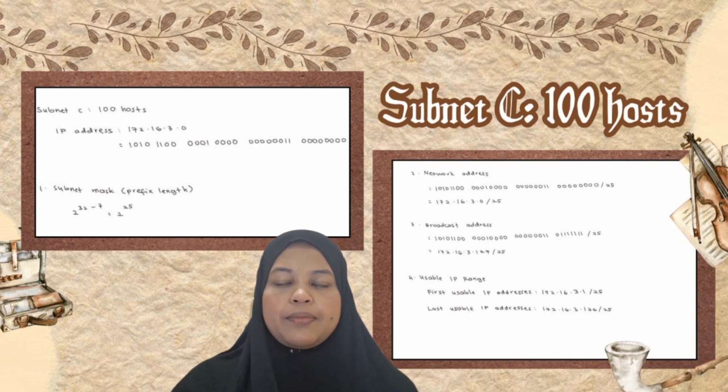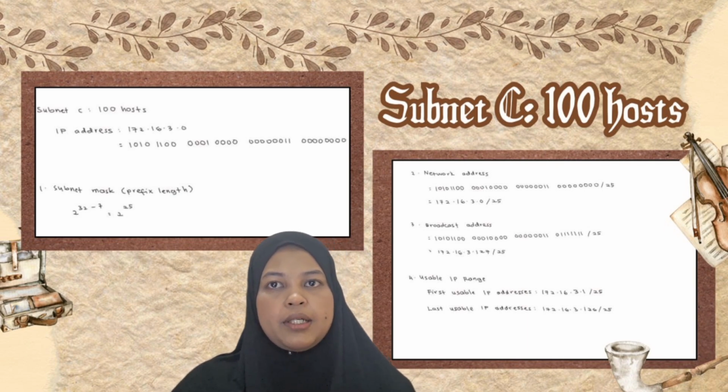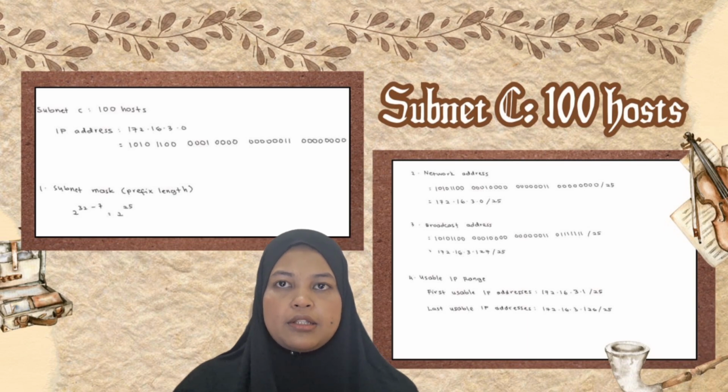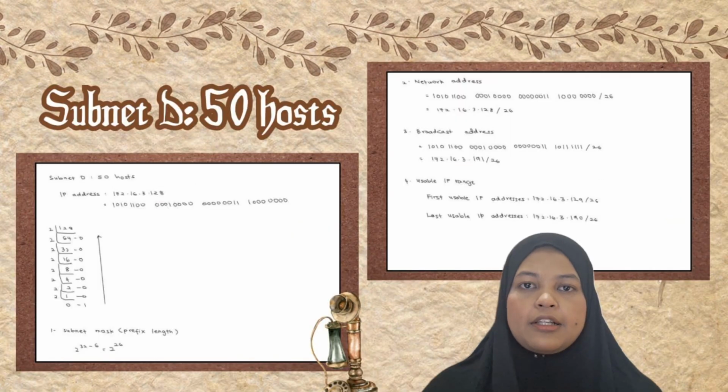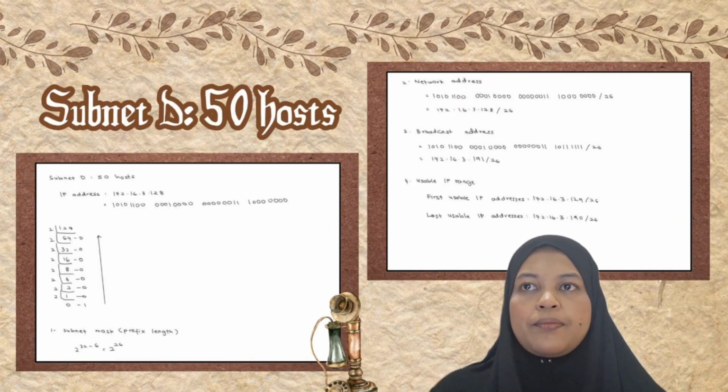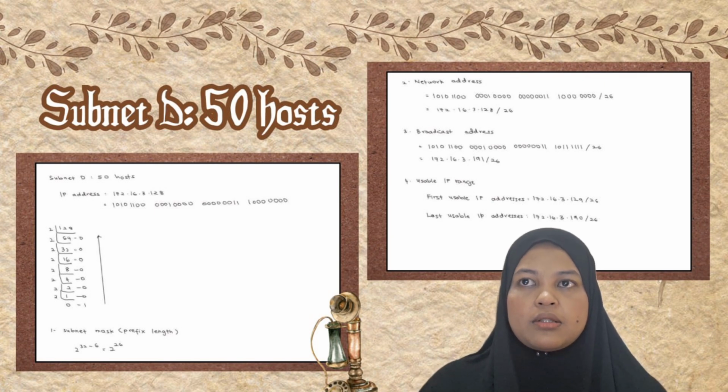For the usable IP range, after +1 for the first usable IP address, I get 172.16.3.1/25, and for the last usable IP address, after -1, I get 172.16.3.126/25.